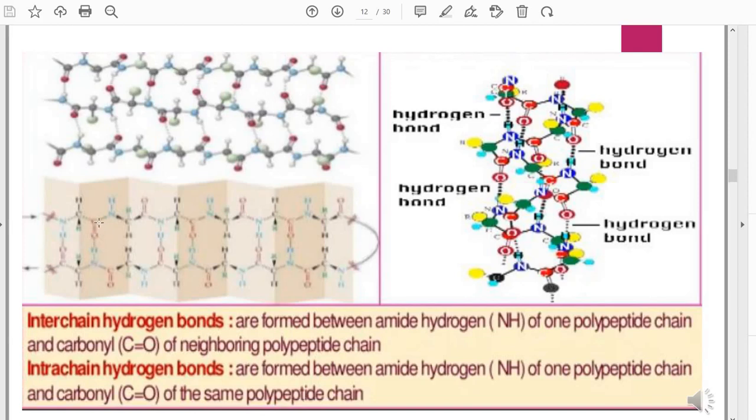And the carboxylic group of one peptide bond with the amide group of another peptide bond in the other polypeptide chain will form a hydrogen bond, and this is called interchain, meaning between two polypeptide chains. Do we understand with me? And this is called the bend or the loop. We will explain it in the next slide. This is called beta bend or beta loop.